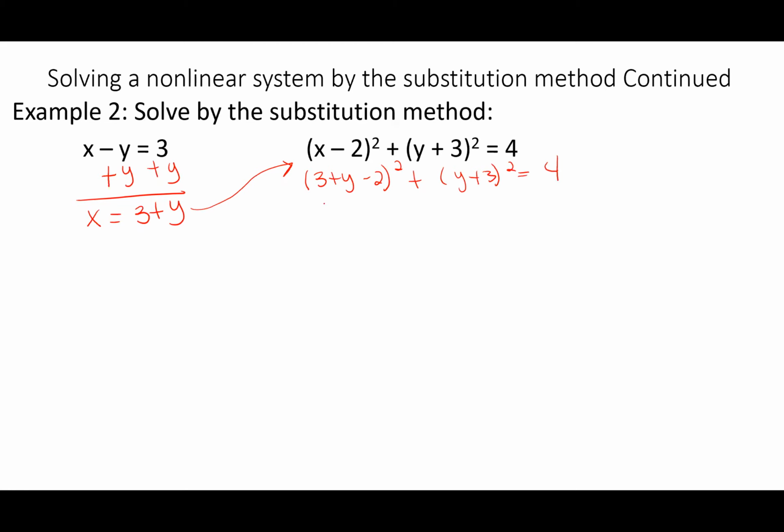Simplifying the first expression, I have 1 plus y squared. Now, remember, when you're squaring something, that means you're writing it twice and FOILing it. So I need to FOIL the 1 plus y and FOIL the y plus 3.